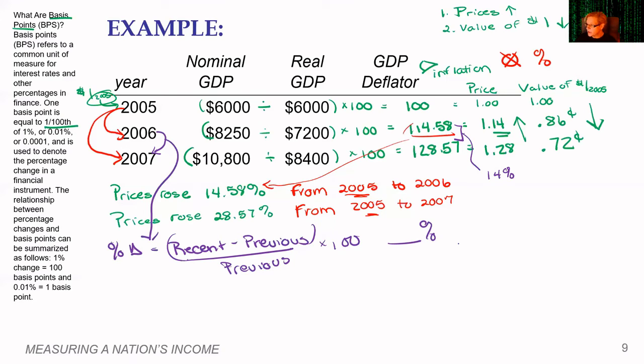How about 12%? 12.21%. So notice that it's not 14. You can't do that. So don't do that, okay? A lot of students want to do that.